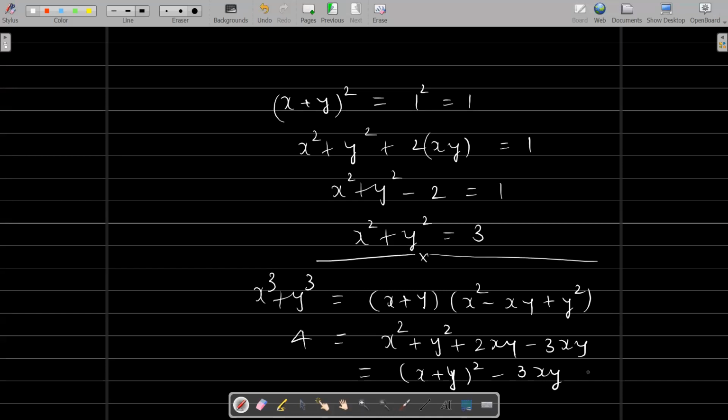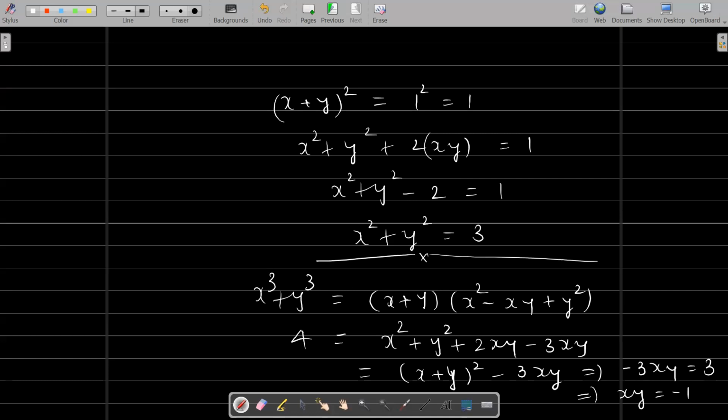Again x plus y is 1, so this implies 1 minus 3xy is 4, so minus 3xy is 3. So xy is minus 1. Yes, so again you get the value of xy. After that, I did it like you, sir.